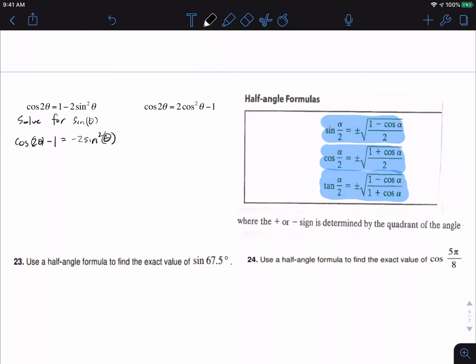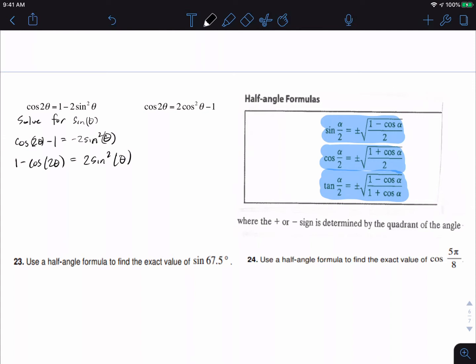Then I'm going to move the negative over, so 1 minus cosine of 2 theta is equal to 2 sine squared theta. Again, just trying to isolate the 2 sine squared theta piece.